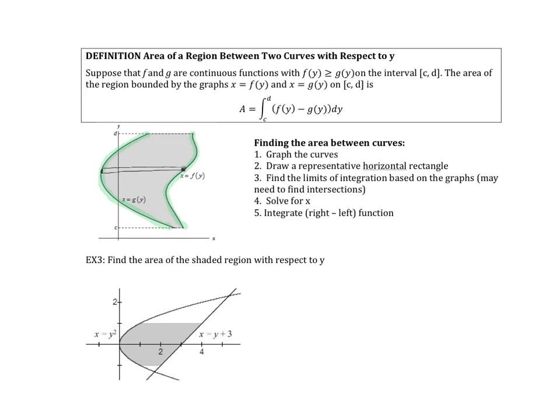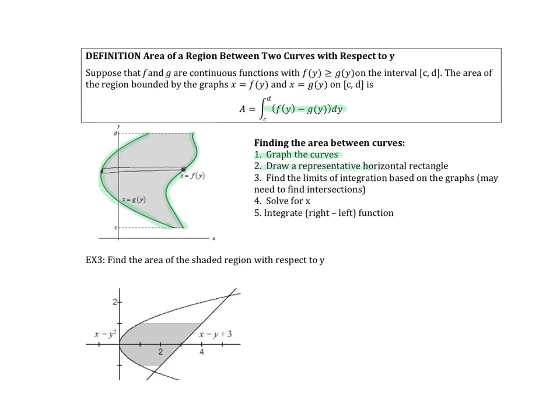I would have the outer y value minus the inner y value, or the right y value minus the left. When we integrate with respect to y, it's the same as if we integrate with respect to x. It's always the right minus the left, or outer minus inner. Graph your curves.